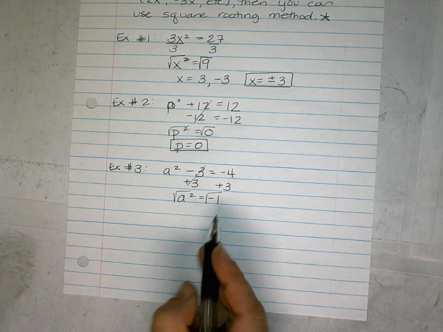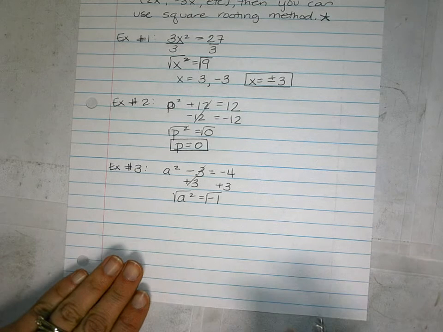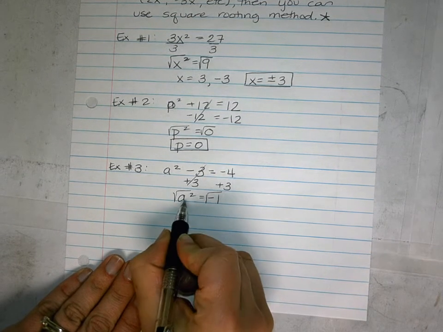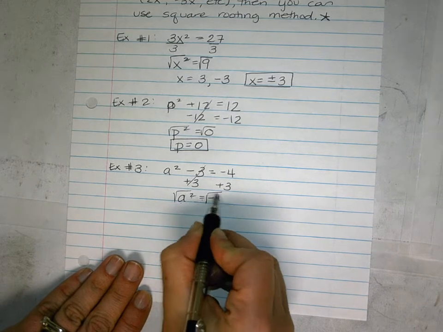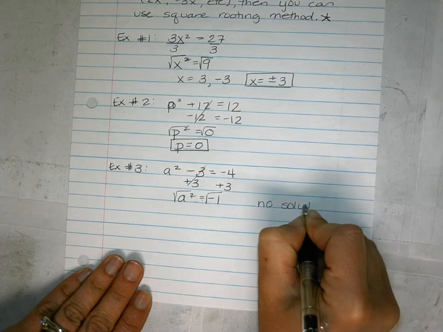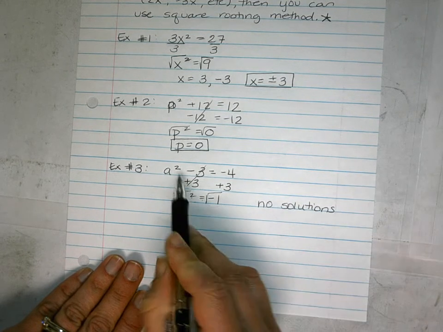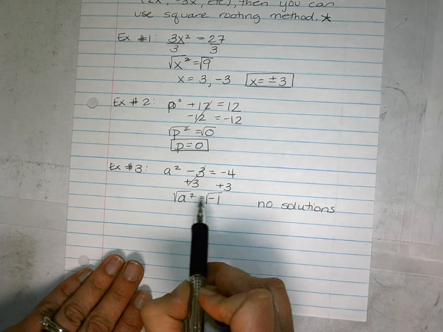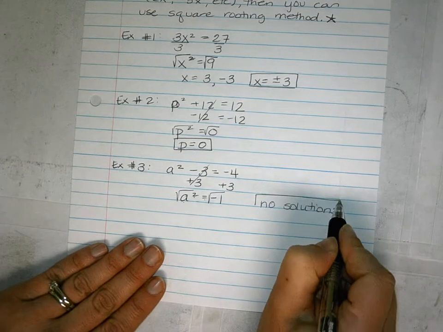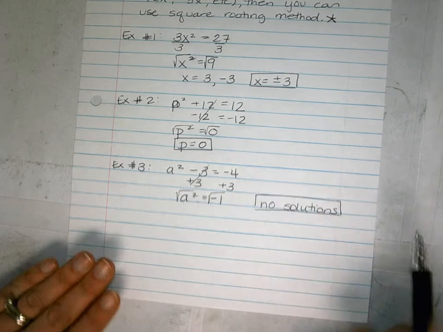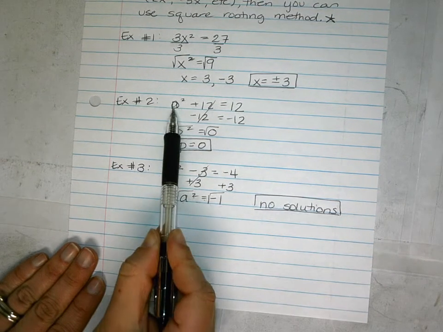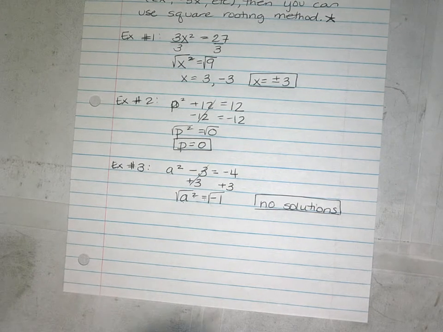The correct answer is there's no real number that when you square it would come out negative. So at any point, if you have a squared equals a negative number, this is no solutions. Which means that if you were to graph a squared equals negative 1, or even a squared plus 1, that would be above the x-axis, so there would be no x-intercepts. And keep in mind, that's what we're finding here. These are the x-intercepts for these quadratics.